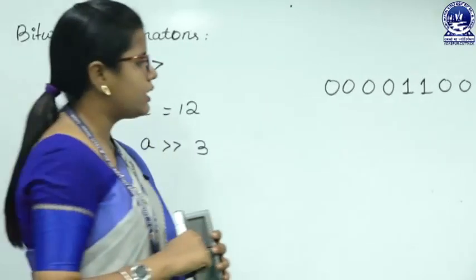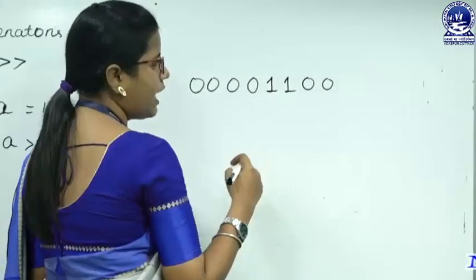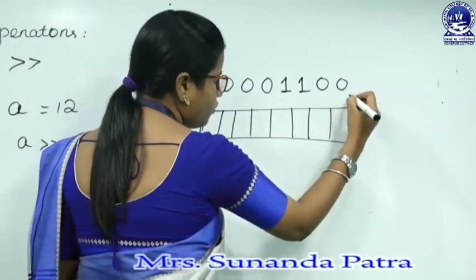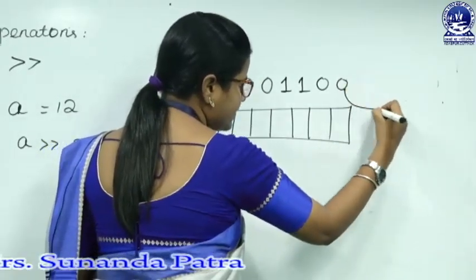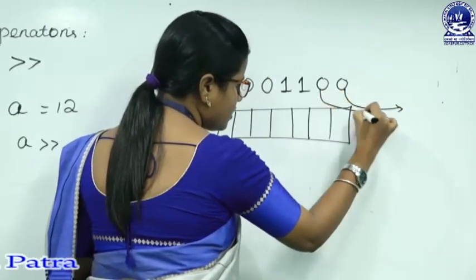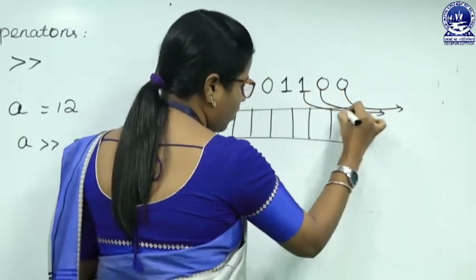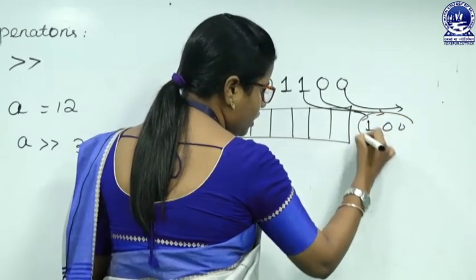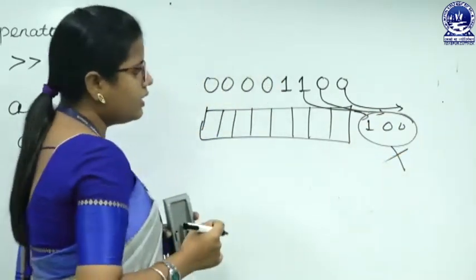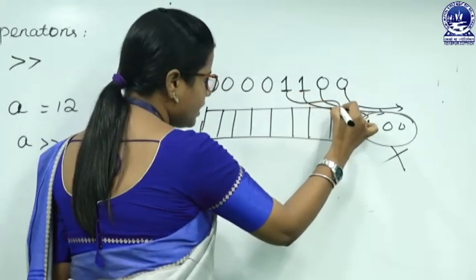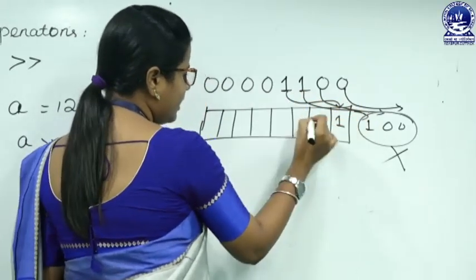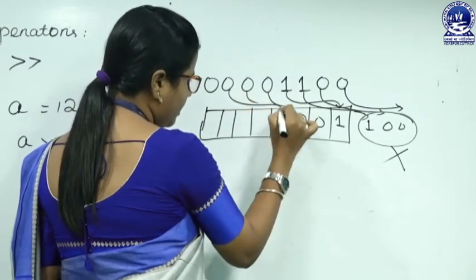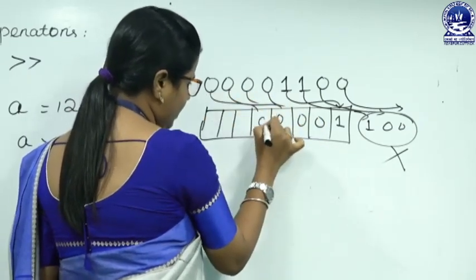We have to shift 3 bits to the right. So 0 will be shifted to here, this 0 will be shifted to here, 1 is also shifted to here, that means 1 0 0, these are discarded, then 1 will be shifted to this position, then comes 0, next 0 and 0 and also here is 0.